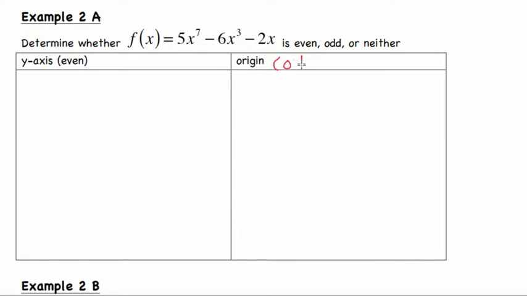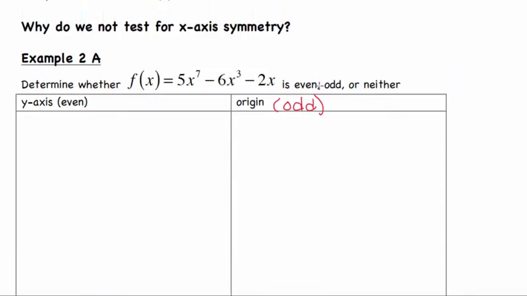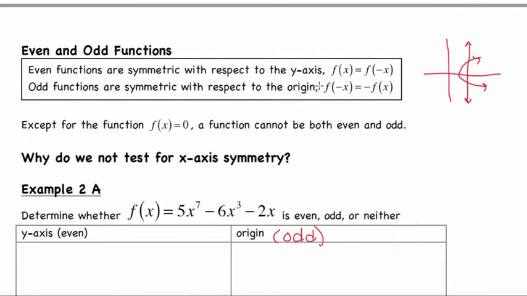Now notice that when we were working with equations in example 1, we also tested for x-axis symmetry, but if we're working with functions specifically, then we do not test for x-axis symmetry.